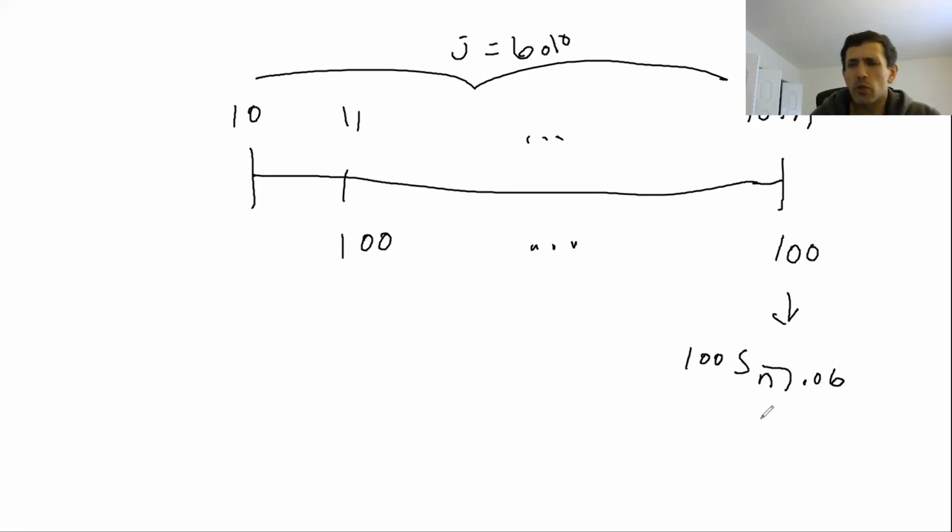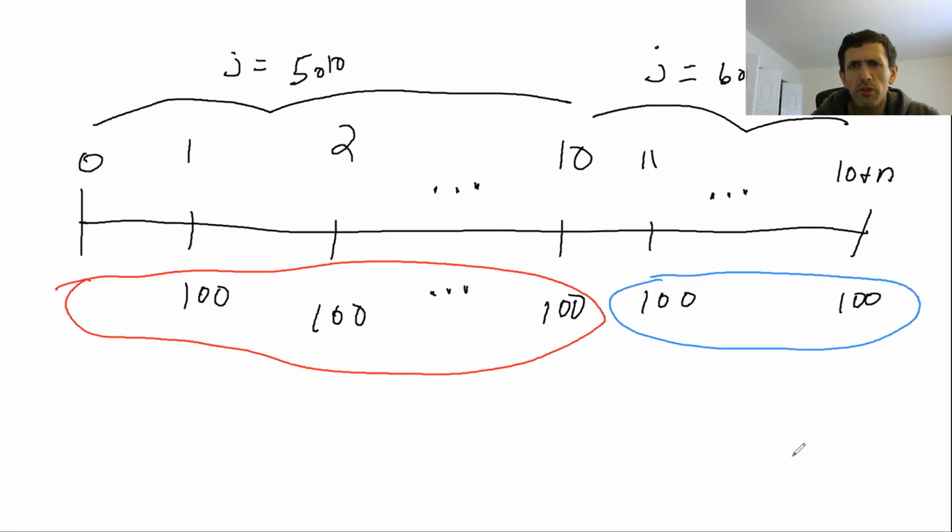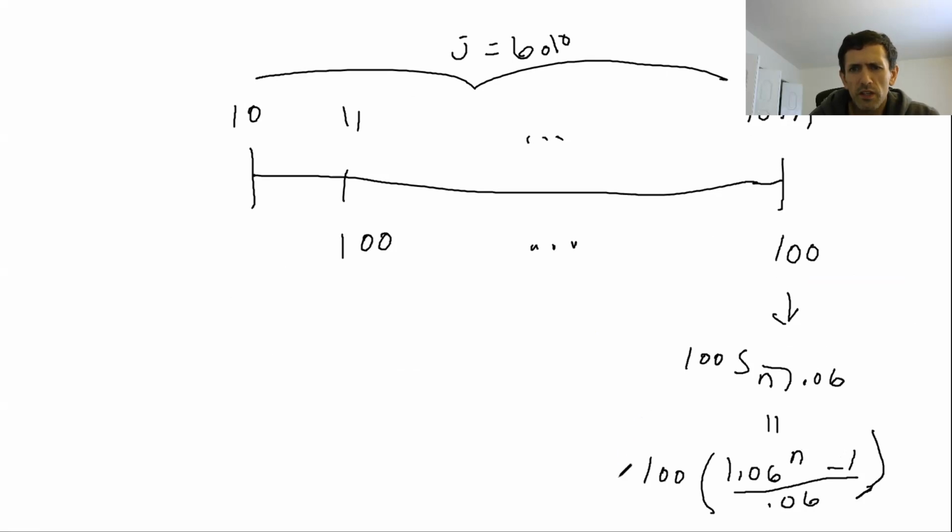So what you want to do, and this is where you have to be a little clever, is just write out the formula: 1.06 to the n minus 1 all over 0.06. This is the accumulated value of the second blue annuity right here.